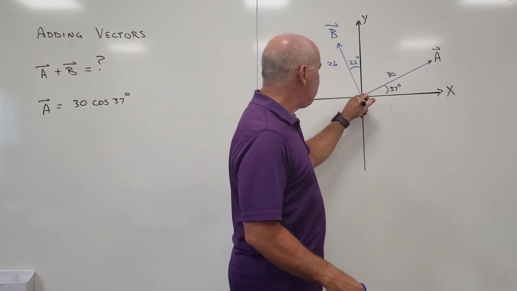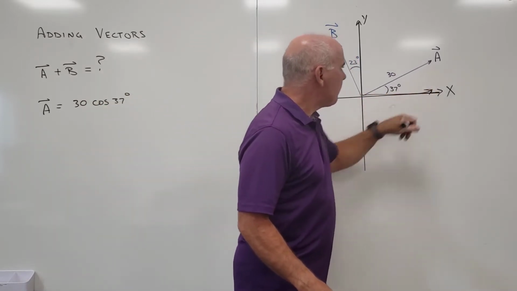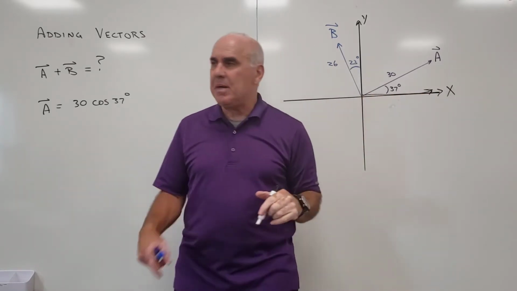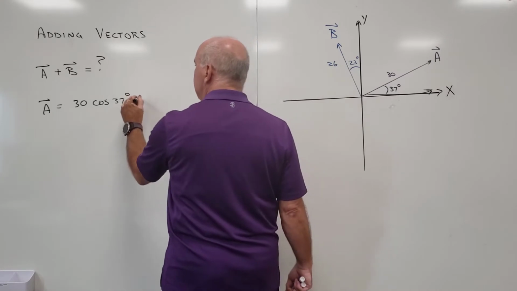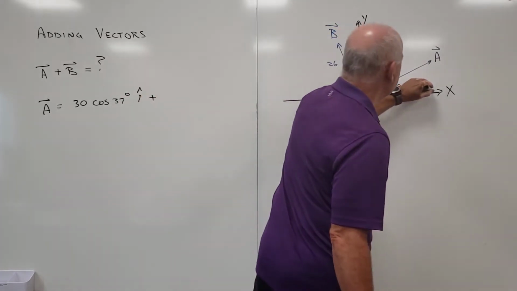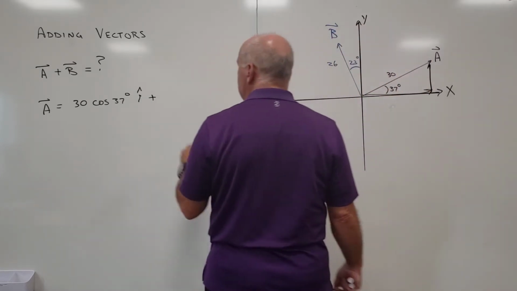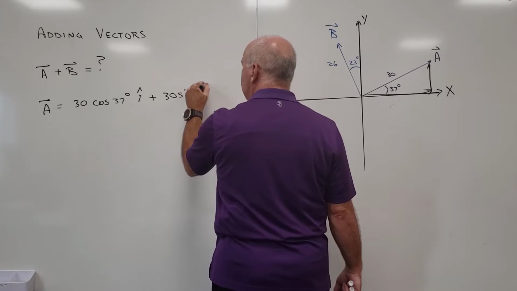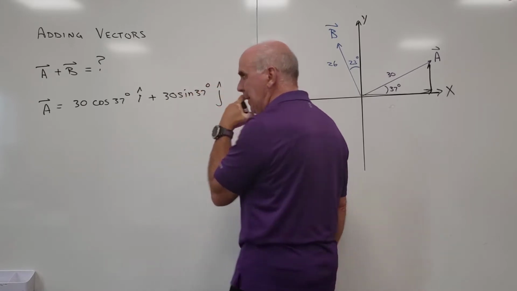That's going to be this side right here, right? And that's going to be along the x-axis, so that's multiplied by the i unit vector. And then we add to that the vertical part, that's over here, and that's going to be 30 sine 37 degrees, and that's times j hat.